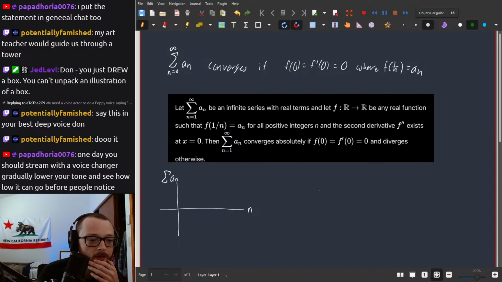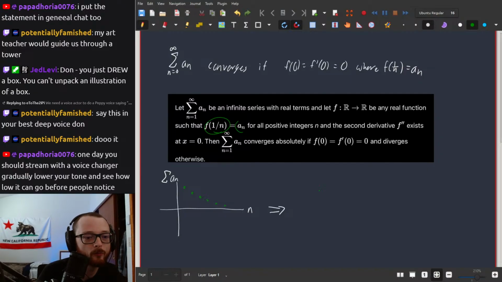Let's say it's nice and monotonically decreasing. The 1 over n, wait, f of 1 over n equals, what does this mean?